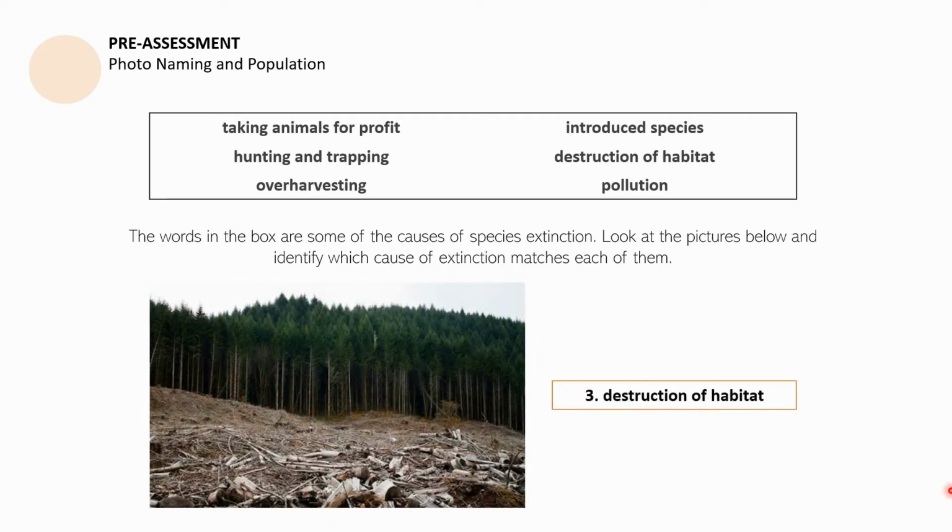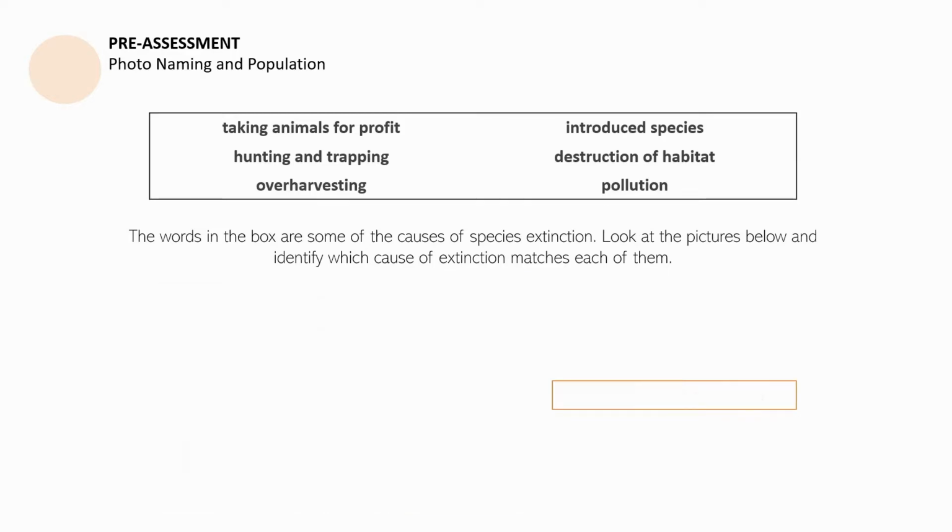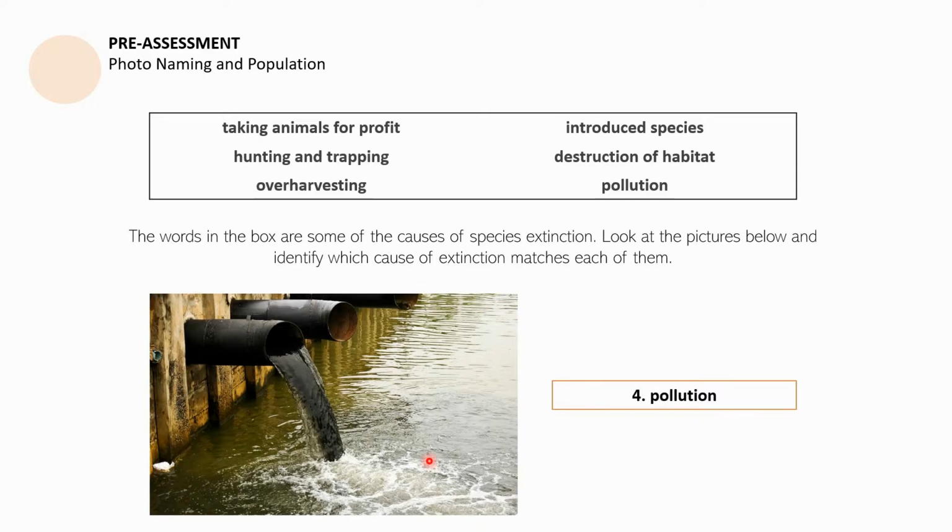Photo number 3 is the destruction of habitat. This forest cover was home to a wide array of insects, of animals, and even some small plants. Now, this cover has been destroyed. Photo number 4, pollution.